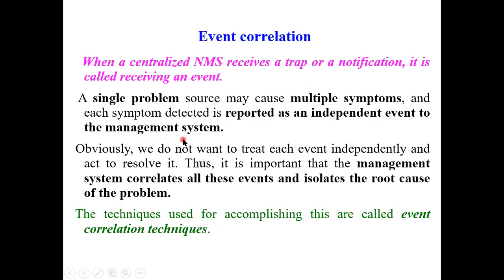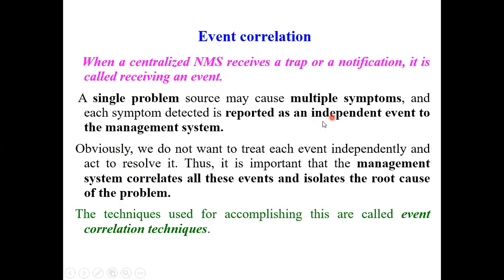So if all these things are reported to the class teacher, the class teacher will think that in BNMT we got an extra assignment, we got self study, we did not get attendance. That is what independent events are, but the problem was only that one child who played a prank in the class. This is just an example I am giving. Now, obviously, we do not want to treat each event independently and act to resolve it.